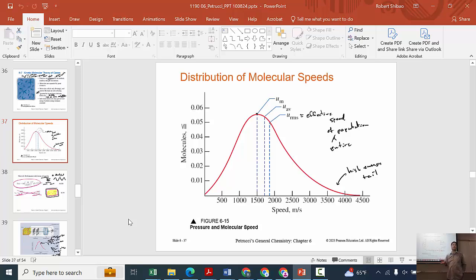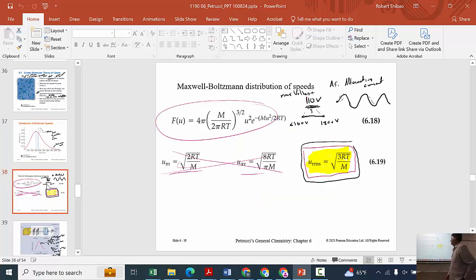What we want to know is the effective energy of the population. In other words, we want to know what's called the average kinetic energy of the population. So we aren't ever going to calculate the mean nor the average. We're only going to calculate the RMS speed, the effective speed. This is the equity speed of the population.